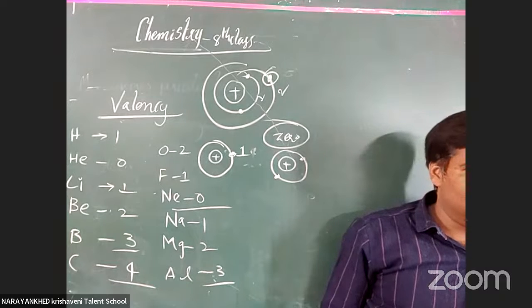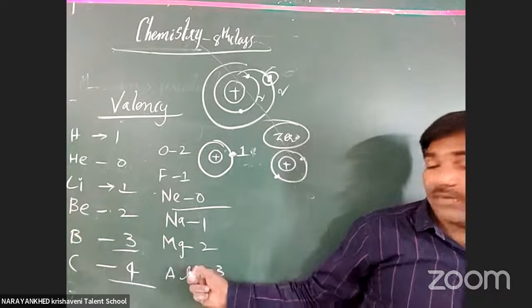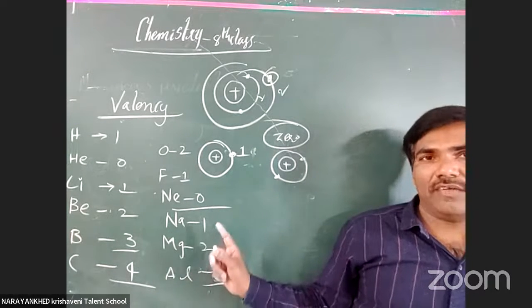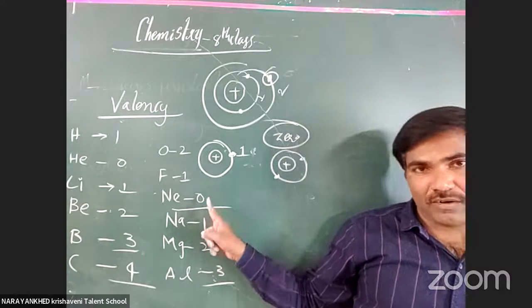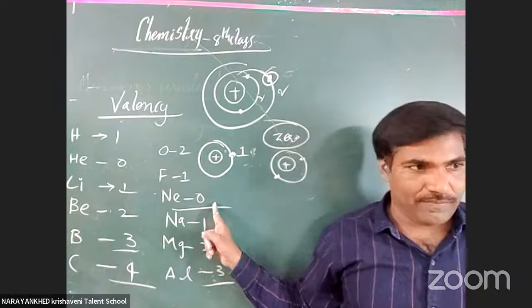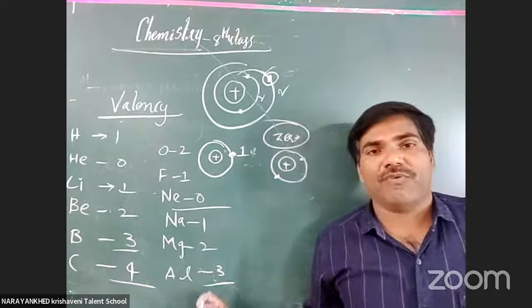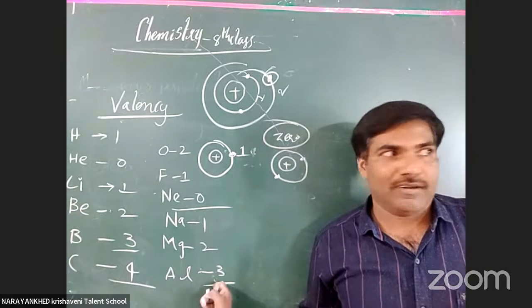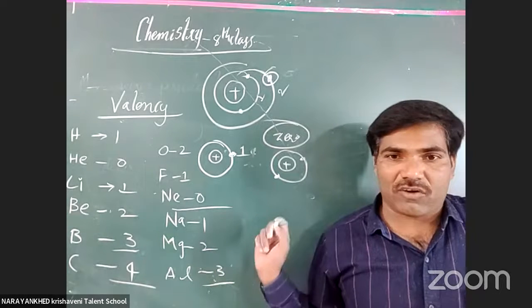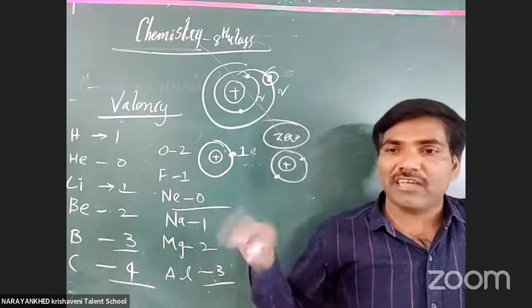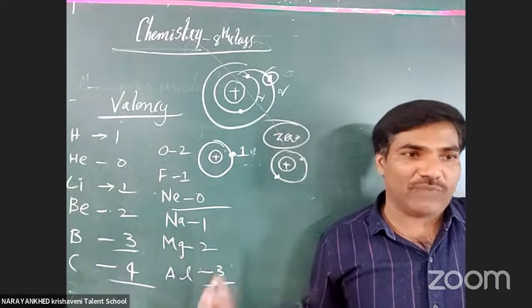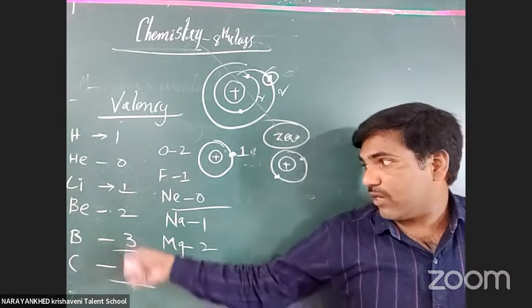This is called valency. The atomic number of neon is 10. What is the atomic number of aluminium? 13. If it loses 3 electrons, it becomes neon. That 3 is called the valency of aluminium.